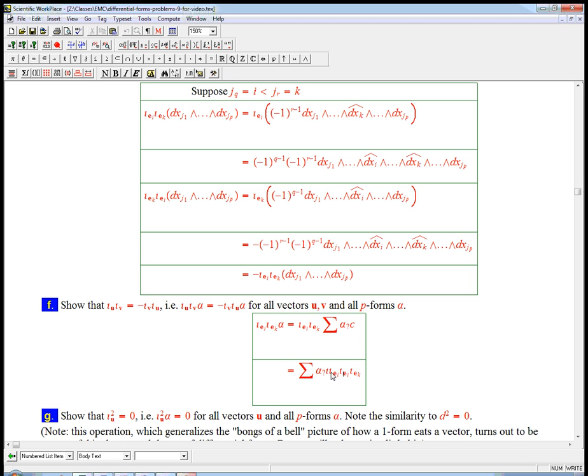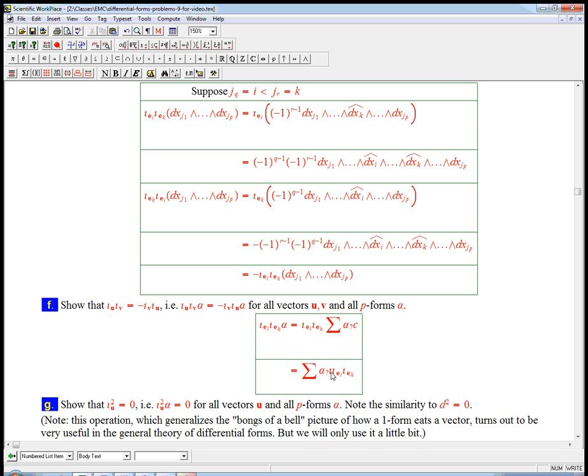Whoops, that didn't copy right. There we go. Oh, I see, I hate it when it does that. This was dx question mark wedge dx question mark. Sorry about that. Sometimes my control key doesn't really engage. And then control V.